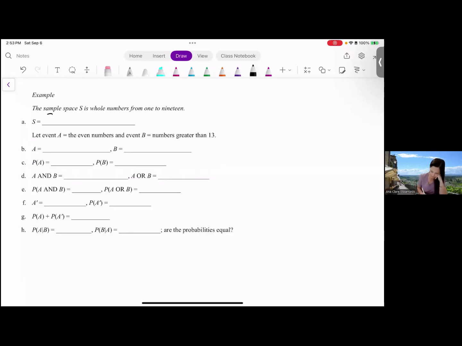So the sample space is equal to {1, 2, 3, 4, 5, 6, 7, 8, 9, 10, 11, 12, 13, 14, 15, 16, 17, 18, and 19}. And we note that with braces on either side of the sample space.